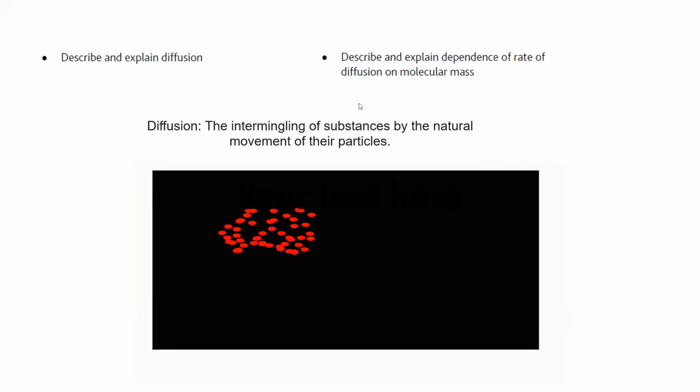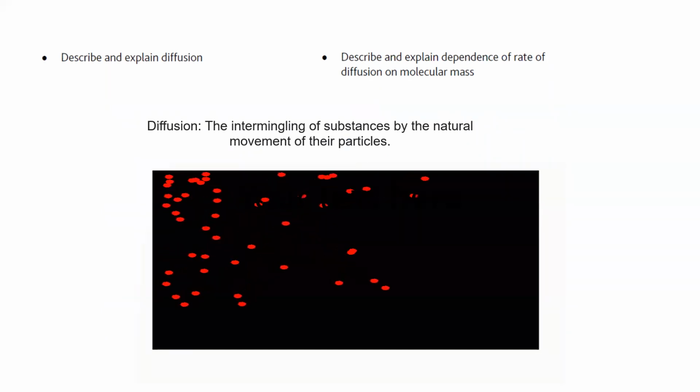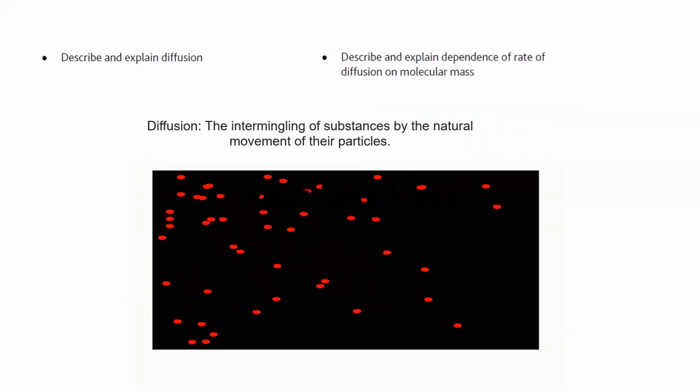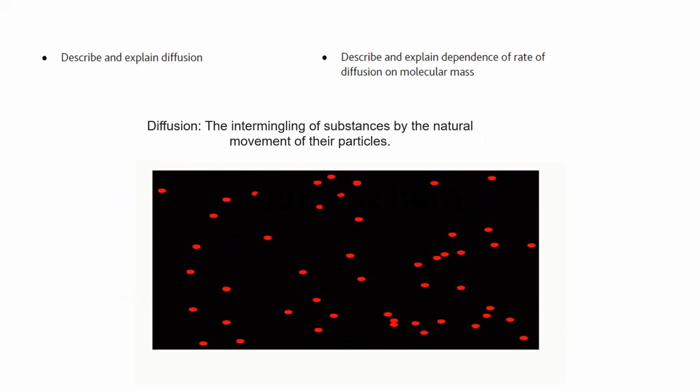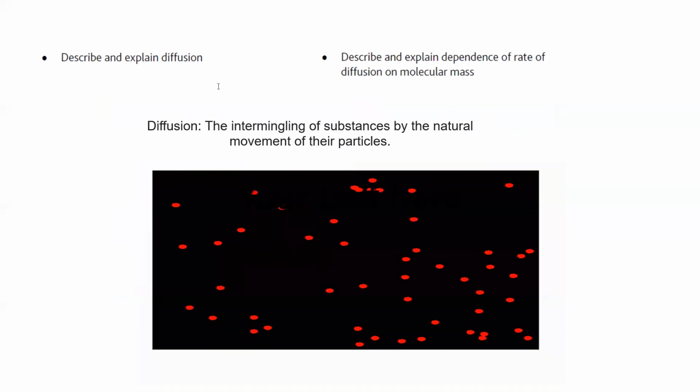Then the last part of this topic one, that is diffusion. You should be able to describe and explain the concept of diffusion. What is diffusion? Diffusion means the intermingling of a substance from the natural movement of the particles or molecules from a region of higher concentration.